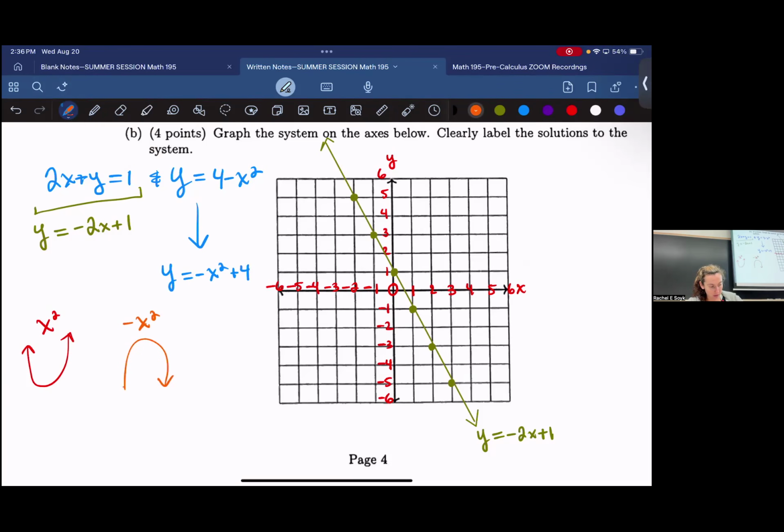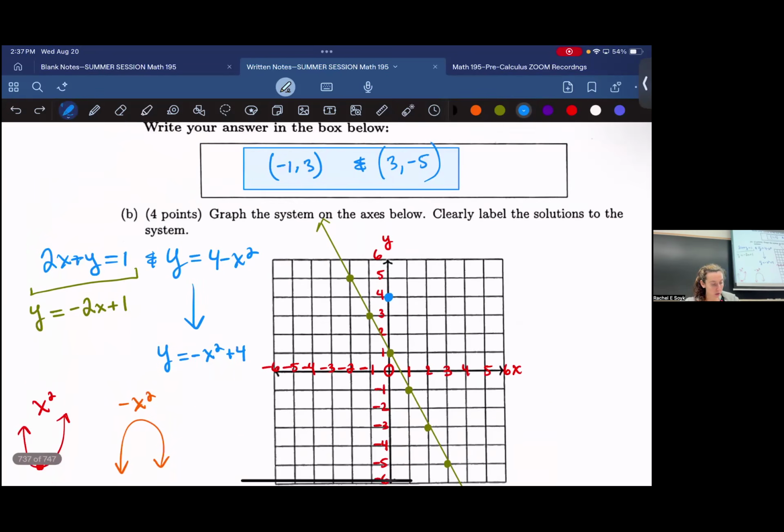It's upside down. And x squared stems from the origin, but that plus 4, we're doing a nice vertical shift up 4 units. So our new vertex here is actually going to be at 4, and then we're going to be going down. The sketch would be something like this, but we really should plot some points.